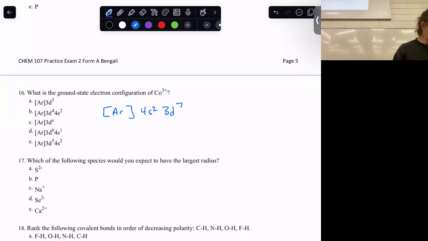That's another way to write it. Yeah, it's just putting the lower energy level first. I'm just following the periodic table. So that's ground state for cobalt.